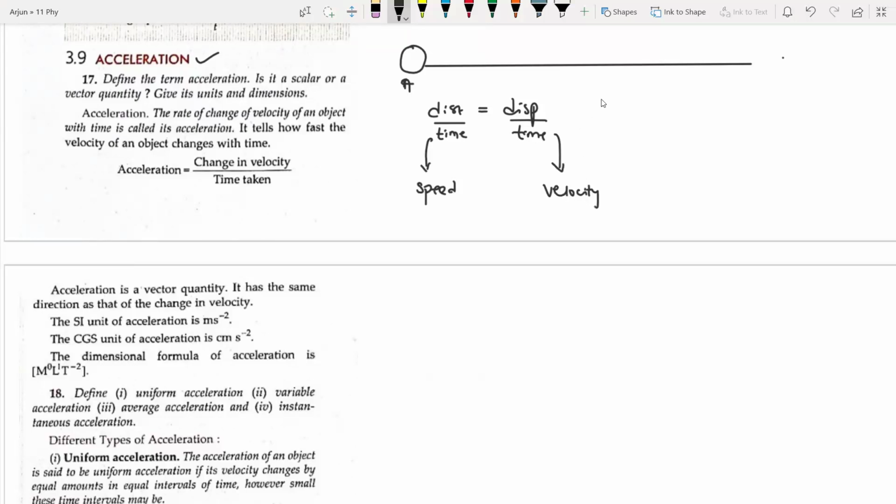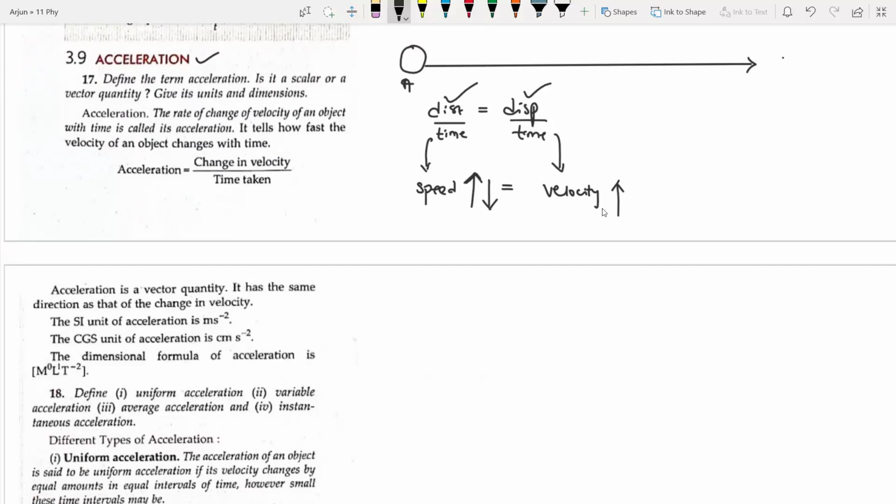Now, if a body is going in a straight line, distance is equal to displacement and speed will also be equal to velocity. The body might go with increasing speed or decreasing speed. Both ways are possible. If a body is increasing its speed, I mean its velocity, both are the same, right?